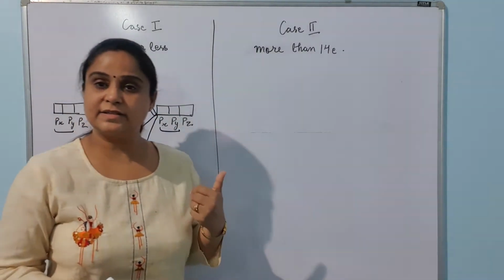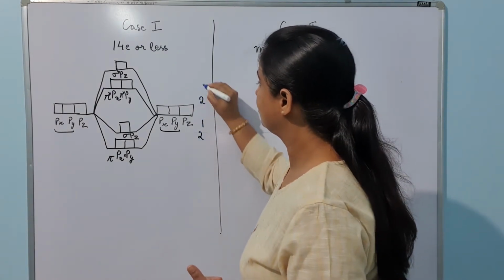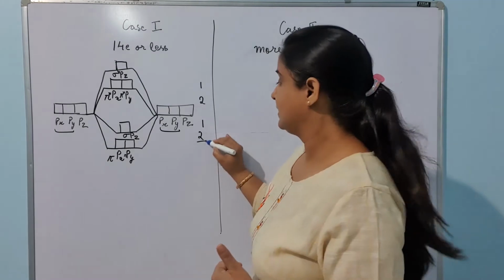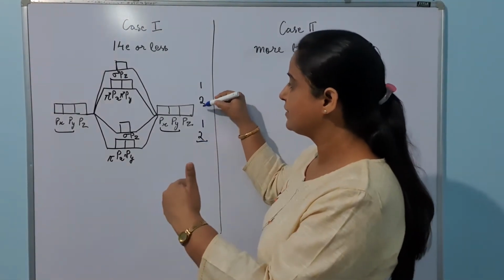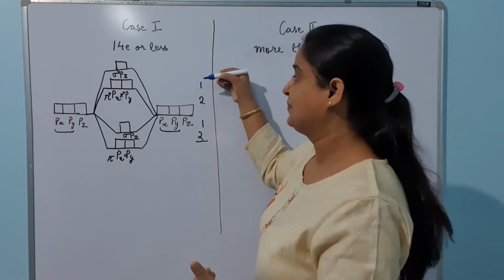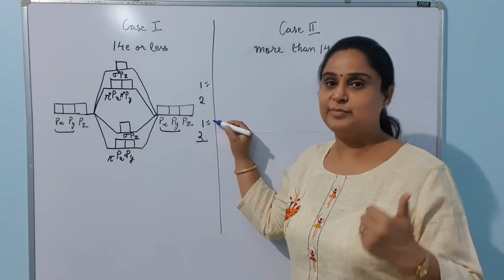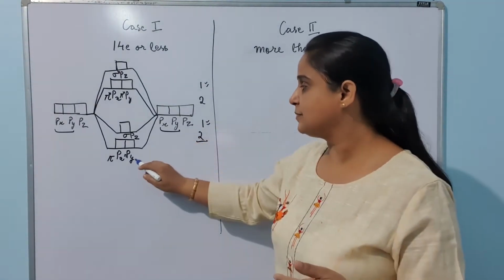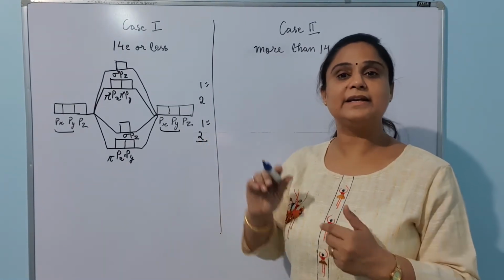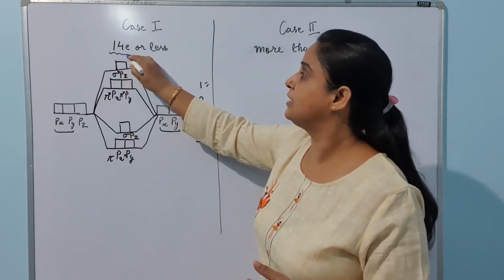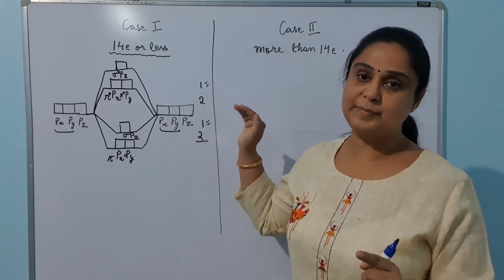You can learn this type of splitting using the code 2, 1, 2, 1, so that you will never forget that two orbitals will remain together first, and then the next level, and then the next level, and then the next level will be of this kind. Always remember that whichever orbital is alone here, that is pz because it is making the sigma bond, and px and py will always remain together at the same energy level. So you will never forget that in cases when we have 14 or fewer electrons, the splitting will be 2, 1, 2, 1 in the case of the p orbital.